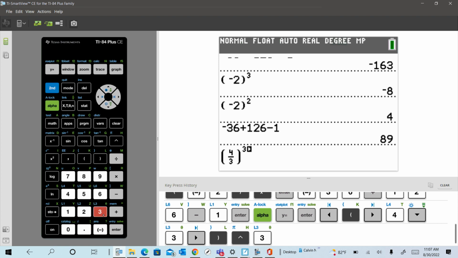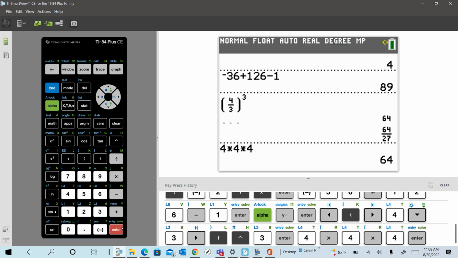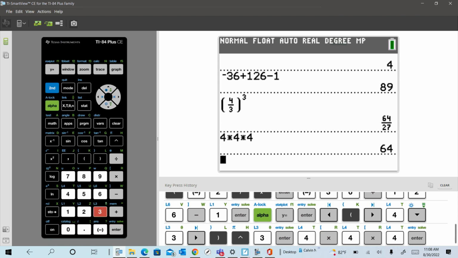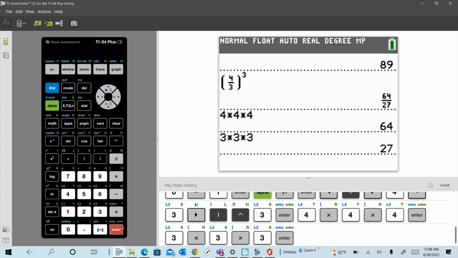It was going to give you a decimal answer, so I'm just telling you. When you take 4/3 to the third power, you're raising 4 to the third power, which is 4 times 4 times 4, so we get 64, and you're doing 3 to the third power. Sorry, I forgot to put the negative, so this is actually negative 64 over 27.